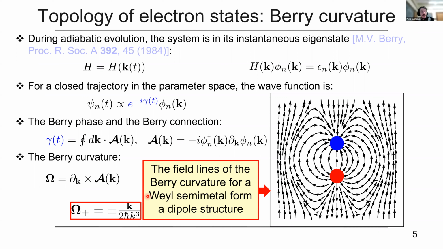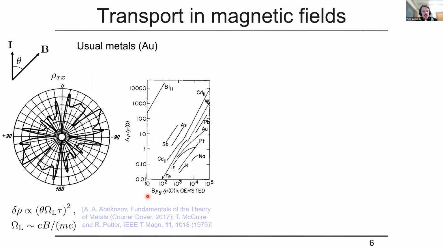The point is that the Berry curvature is very similar to a magnetic field, but in momentum space. This suggests that some metals might have nontrivial properties subject to a magnetic field. What do we know about magnetic fields? If you take a look at the transport in a magnetic field, well, if the magnetic field is parallel to the electric current, we don't expect anything interesting to happen because there is no Lorentz force in this case.